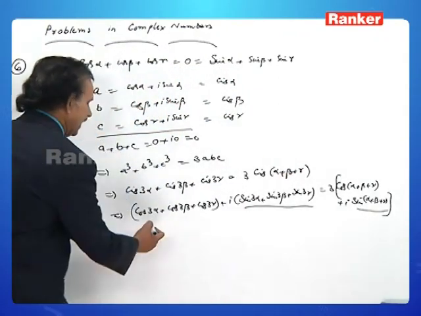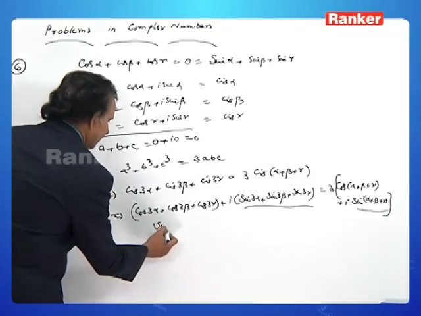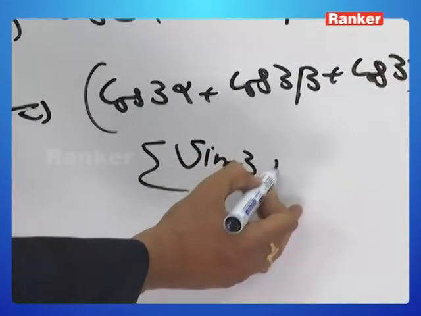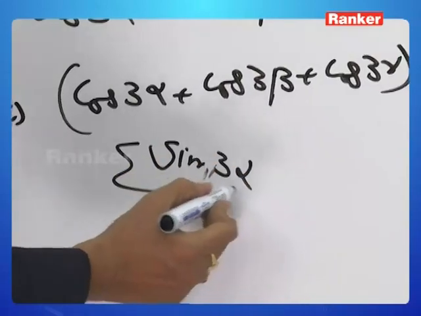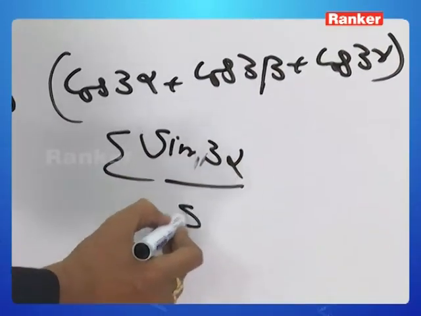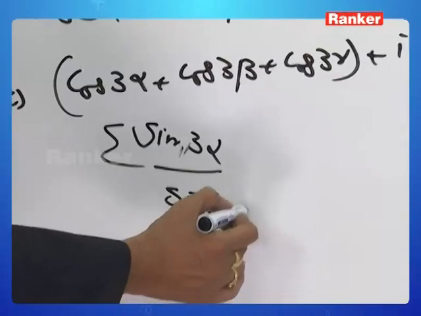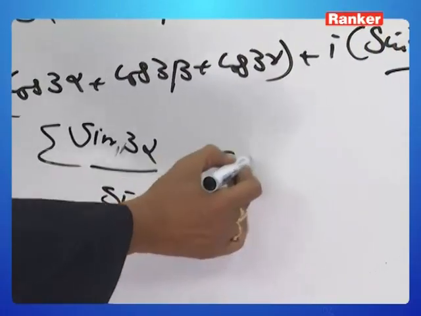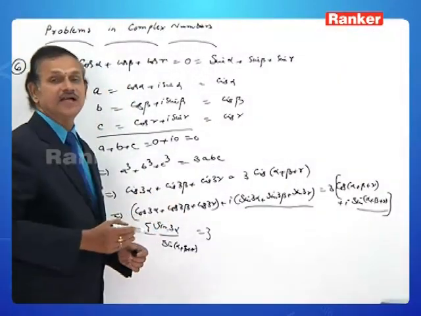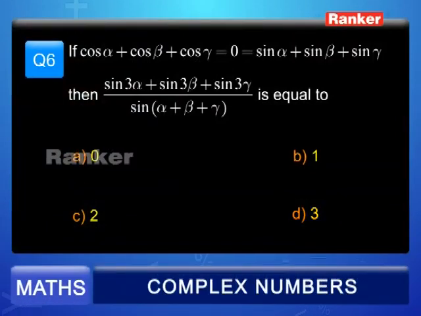Hence, the required ratio, sigma sin 3 alpha by sin alpha plus beta plus gamma, is therefore equal to 3. Hence the answer is option D, that is 3.